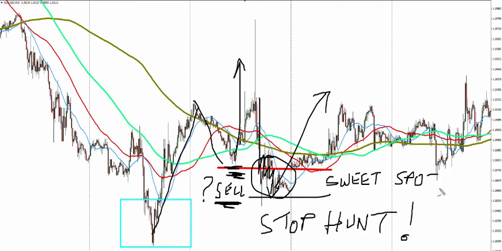Okay, this is that place, that area on a chart where a big institution can do some business efficiently, right? This is a zone, a sweet spot where a bank can execute efficiently without majorly moving the market and without any slippage or anything like that. There's plenty of people taking the other side of the trade because the market's been manipulated into that location. So then they go long.